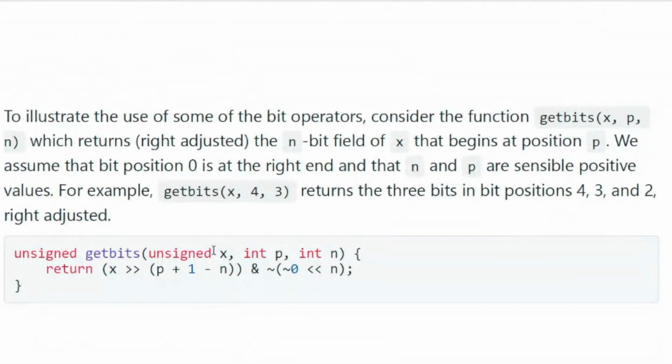So the code is very, very straightforward, just one line. First of all, we'll shift this byte x to the right by 2, right? We just calculated 2 here. And then we do a bitwise operation with a mask we just created.